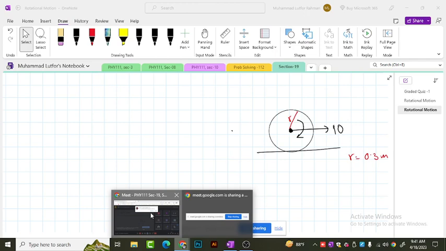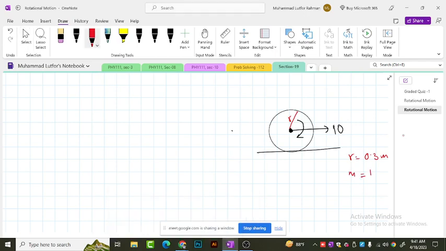And the mass of this wheel is 10 kg, and due to that force the wheel of this car accelerates at a rate a of 0.6 meter per second square.